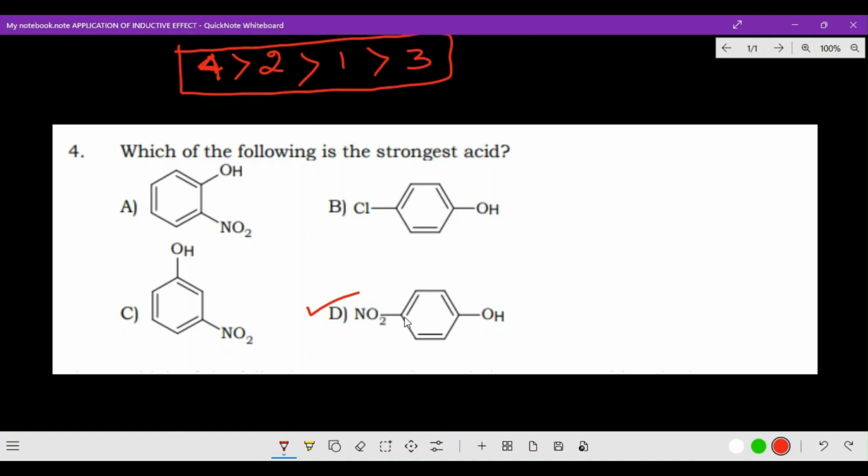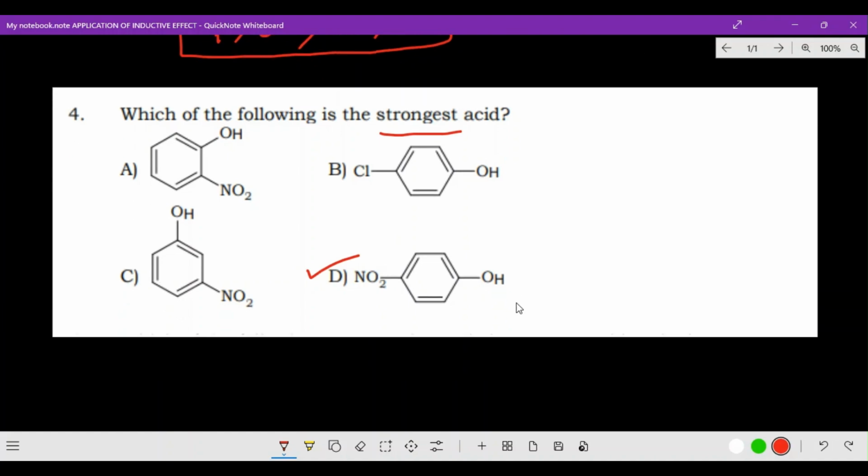And one more important point I wanted to mention is resonance stabilization. We have to check the resonance effect also. So which is the correct option? D is the correct option. The strongest acid is paranitrophenol.